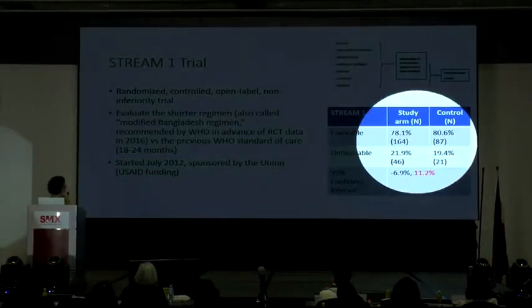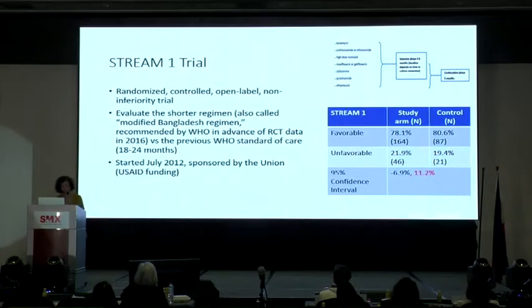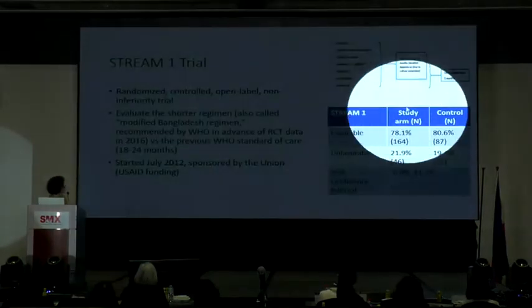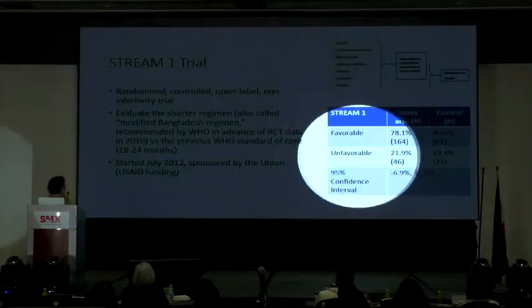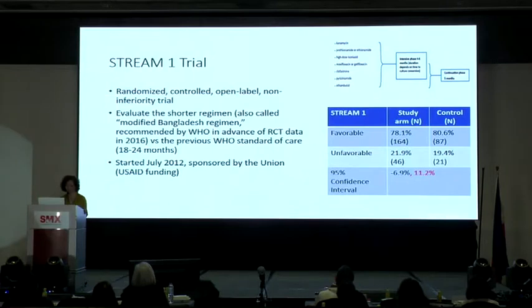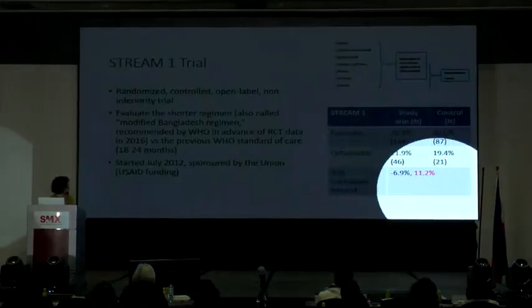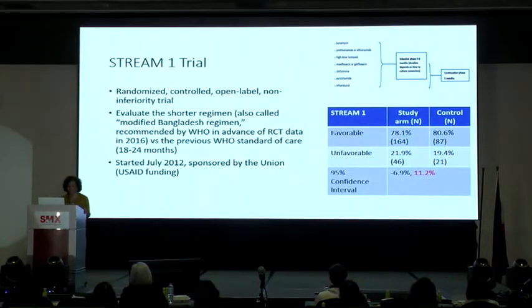So the cure rate here for the control was almost 81%, versus the cure rate for the study arm at 78%. And the criteria for unfavorable outcome for this study is very stringent. Just changing 2 drugs in the regimen was already unfavorable, or having an adverse event was an unfavorable outcome. But you could say that it's near non-inferiority.